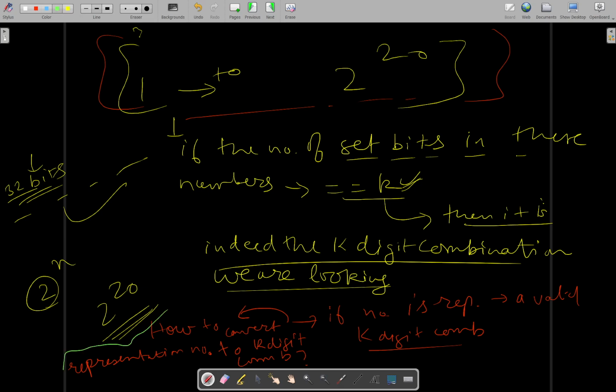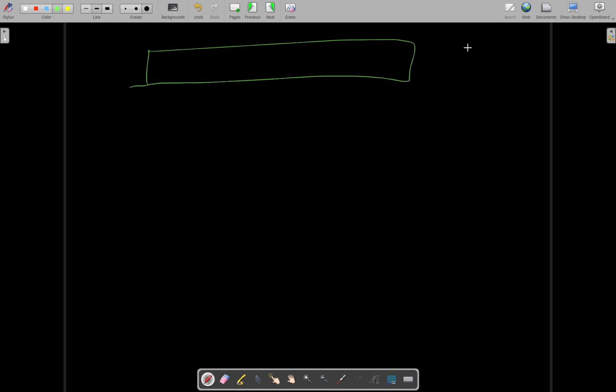So what you will be doing is using bit manipulation to check which bit is set. You will take a variable num and initialize it to 0 because the range is from 0 to n.